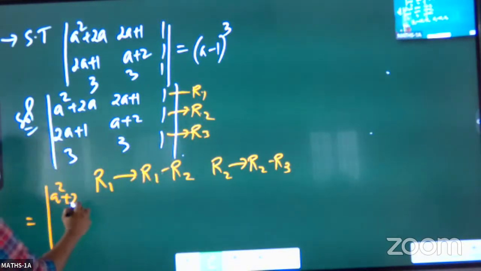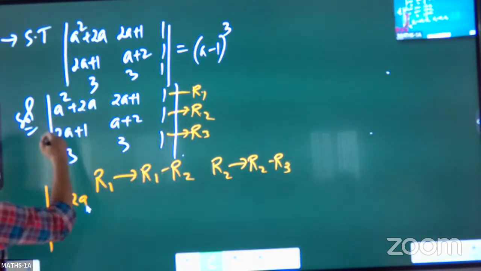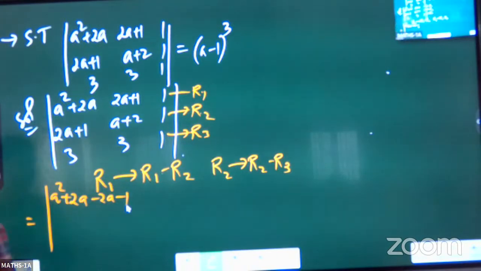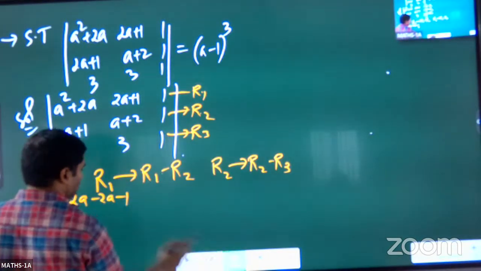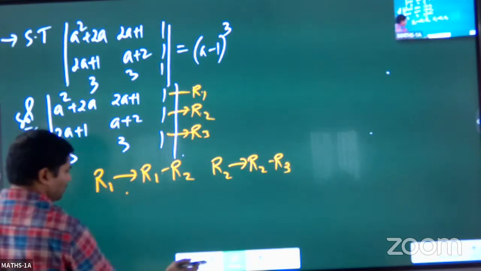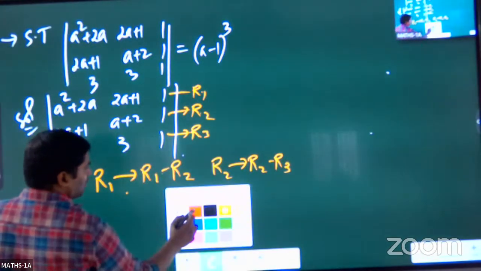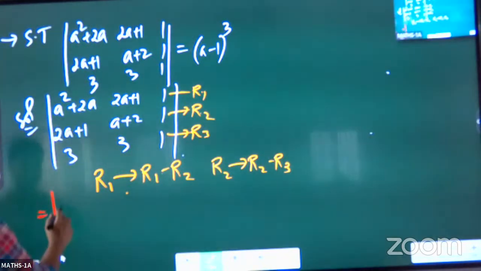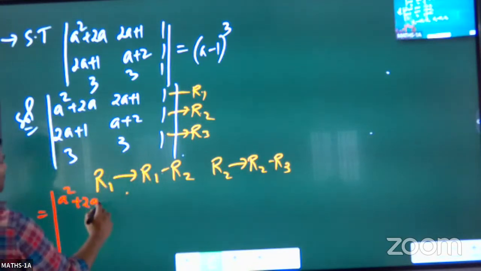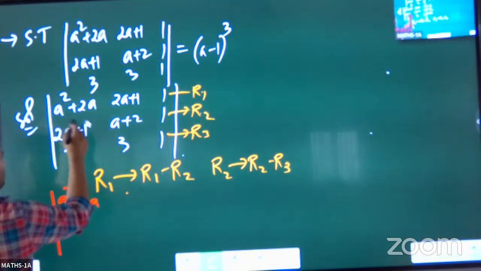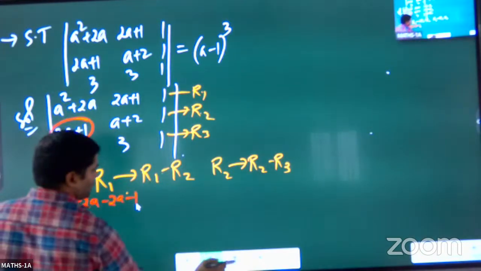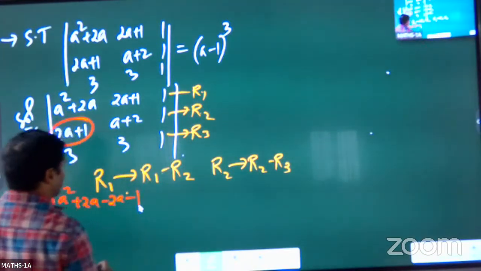A square plus 2A minus of this, so minus 2A minus 1. Is it clear? Minus 1.